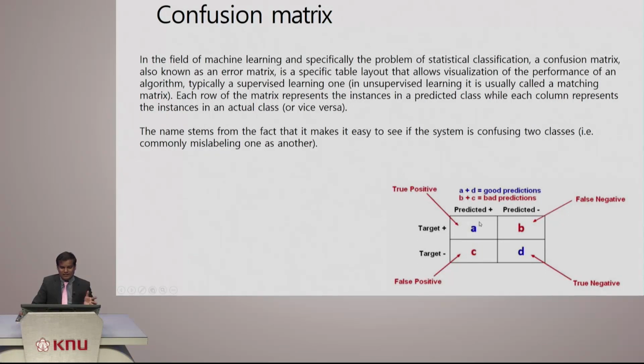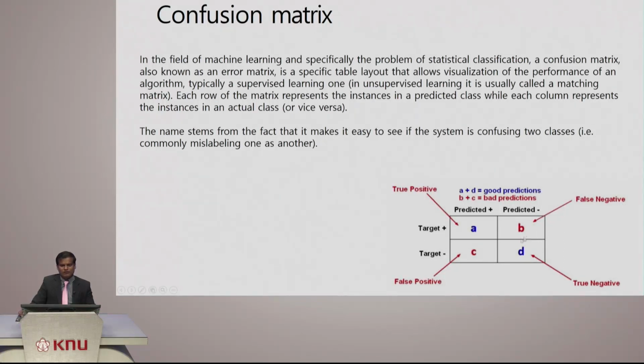Whereas on the other hand, if the input is dog and the output is cat, that is false positive. B and C are the bad predictions, where you may have false negative.